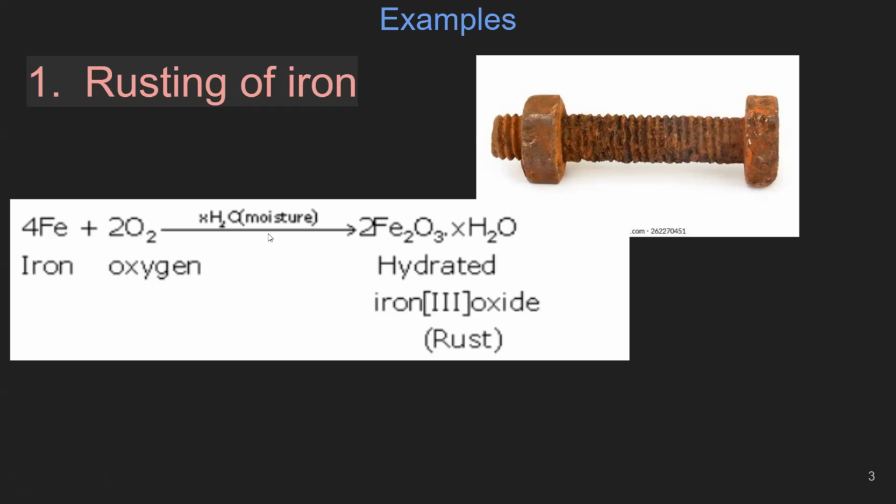Because we do not know the exact number of molecules of water present in the formula of rust. x could be 1, 2, 3, 4, 5, anything. So the formula is written as Fe2O3.xH2O.